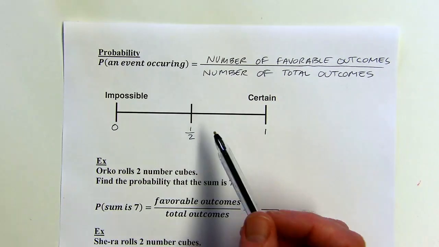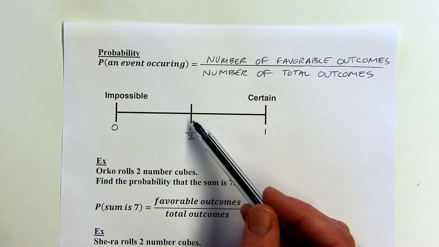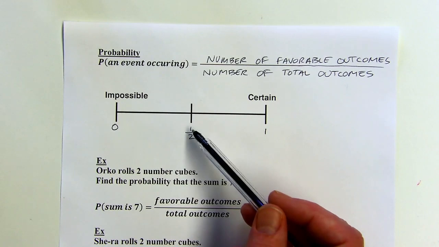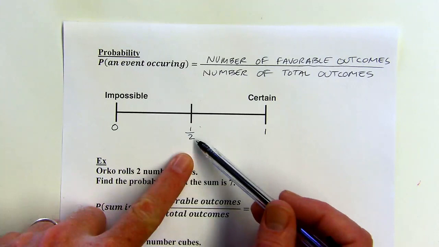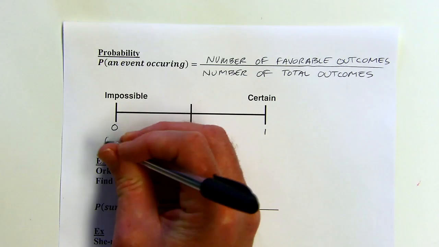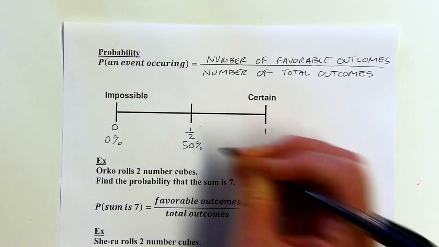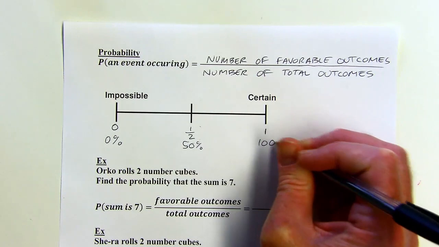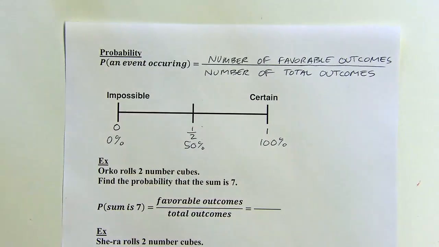So let's think about flipping a coin. It has a probability of coming up heads 1 out of every 2 times. It's 1 favorable outcome out of 2 total. So it's 50% and comes right in the middle, right? So this would be 0%. You can also write probabilities as percentages because you can write any fraction as a percentage. And there are other places in between on that number line.